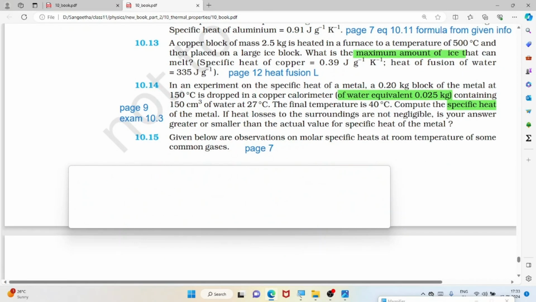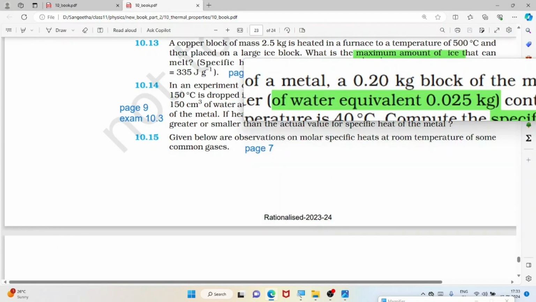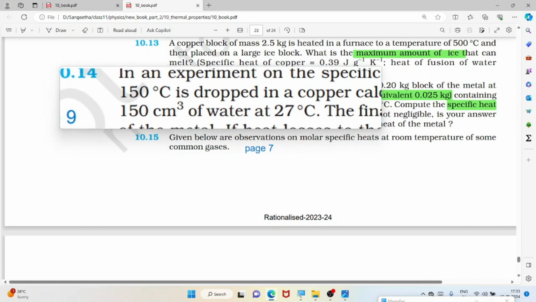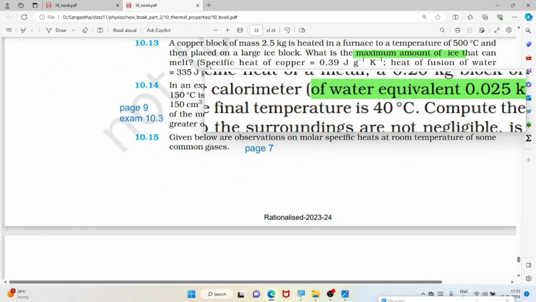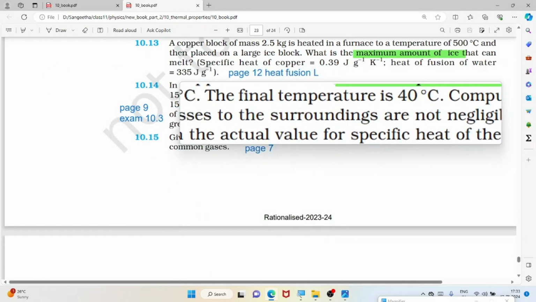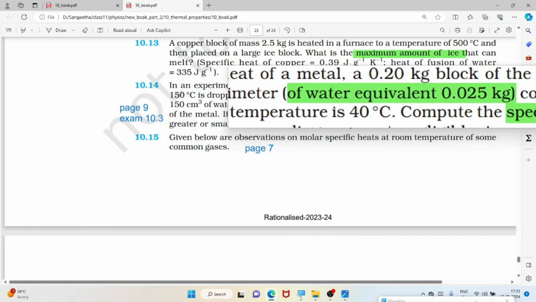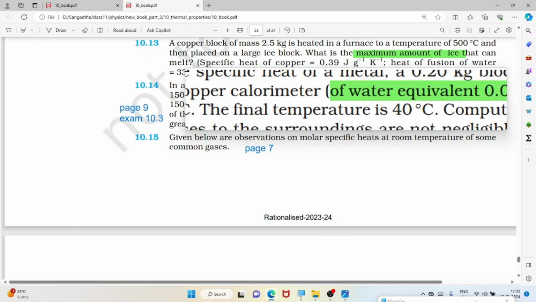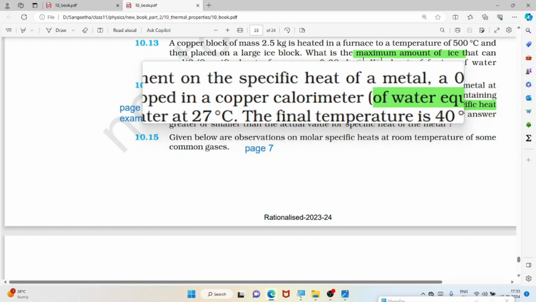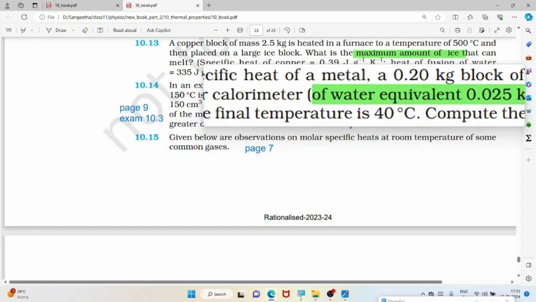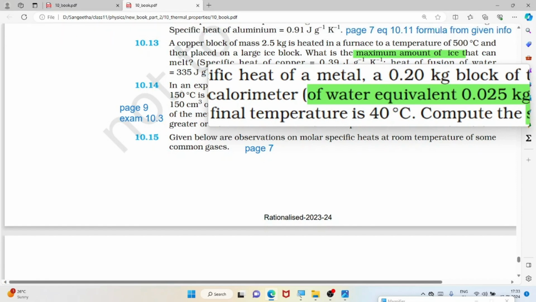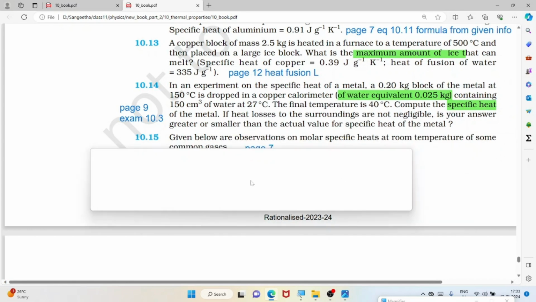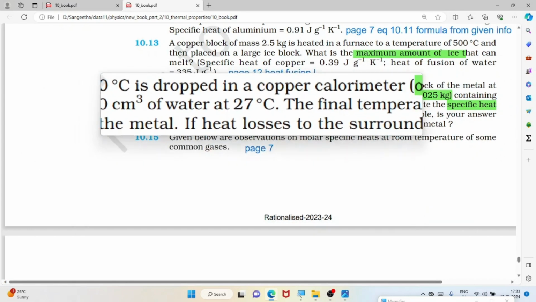In an experiment to measure specific heat of a metal, a 0.2 kg block of the metal at 150 degrees is dropped in a copper calorimeter. So here what is important is the water equivalent of 0.025 kg. That is important here, water equivalent. So we are going to use the specific heat capacity of water here, because the mass is given in the water equivalent containing this much.